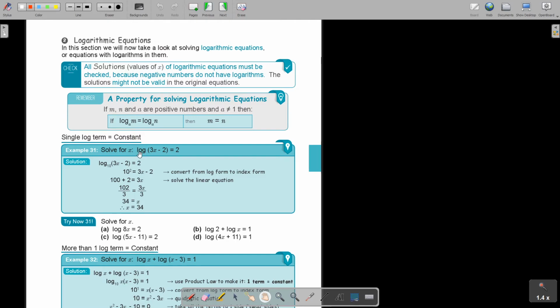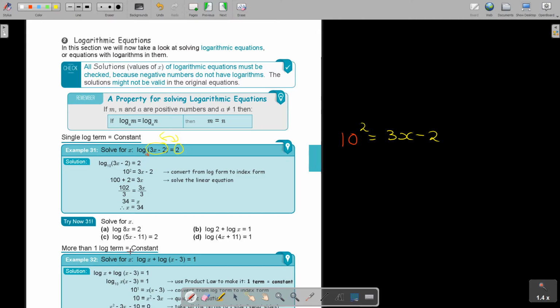If there's only 1 log, I can, just like the previous example, remember it's base 10, I can go from log form to exponential form. Can you remember, I wrote the 10, and I was marking it in yellow in the previous one, and I swap this 2. So I said 10 to the power of 2 is equal to 3x. That's what I did. And then I basically just solve it from there.